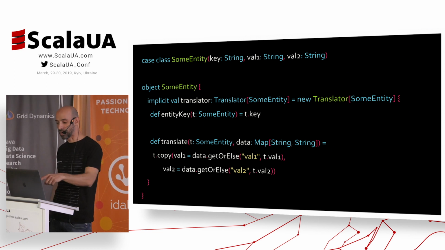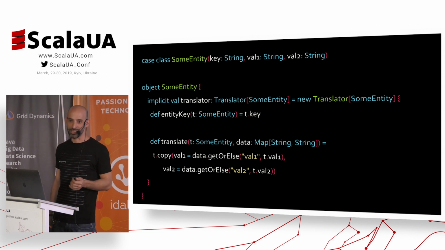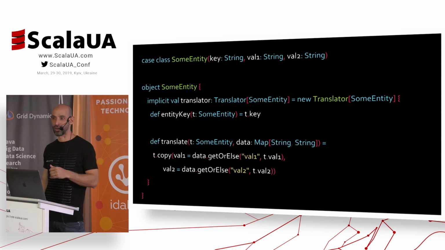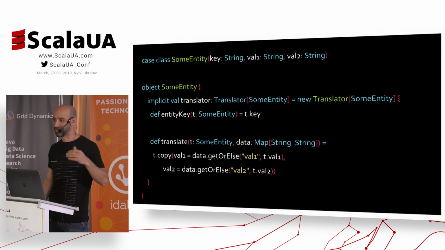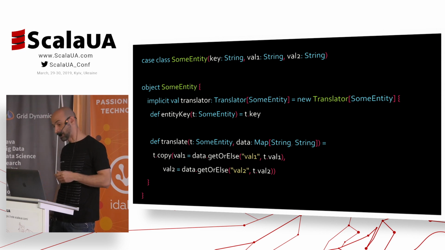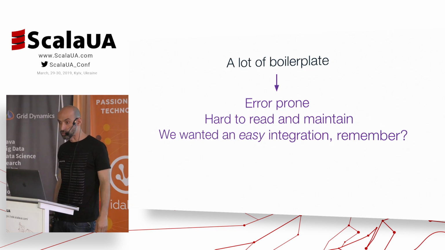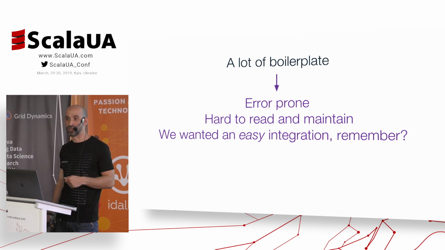I think while even writing this example, I was making mistakes because you have strings and you copy paste something, and instead of val1, you write again val1, and it's really error prone. So when you have boilerplate, like I said, it's error prone, and it's also hard to read and maintain.